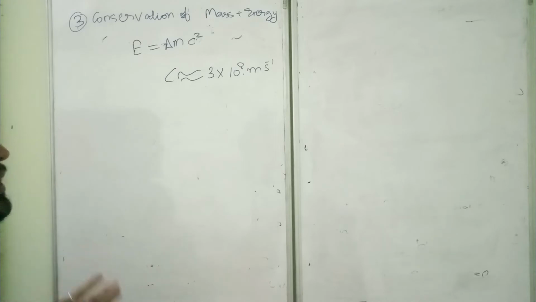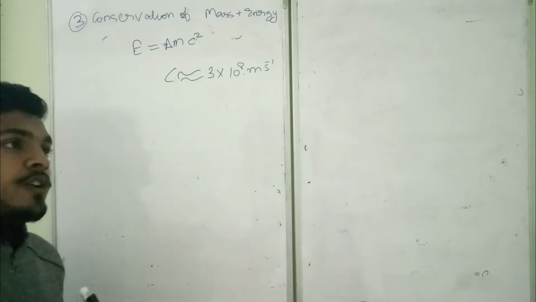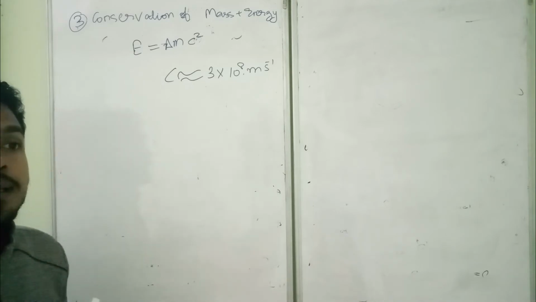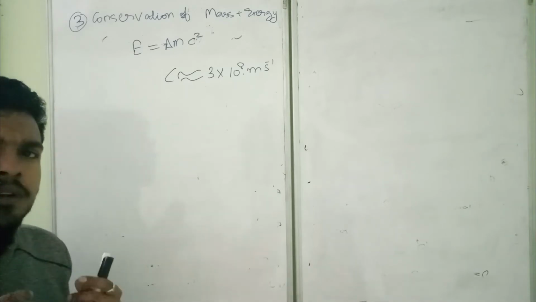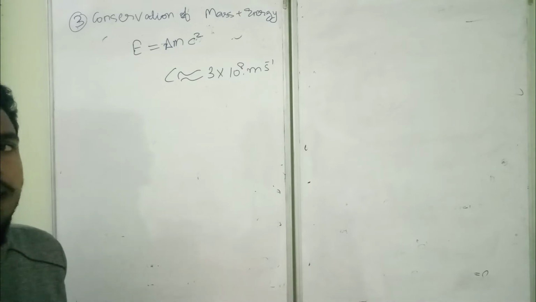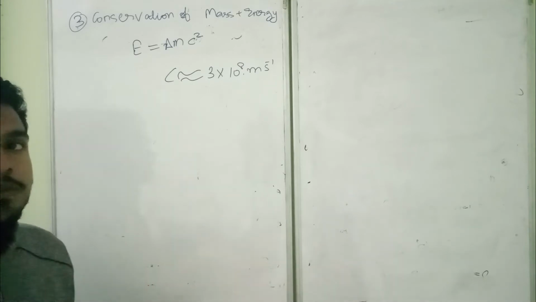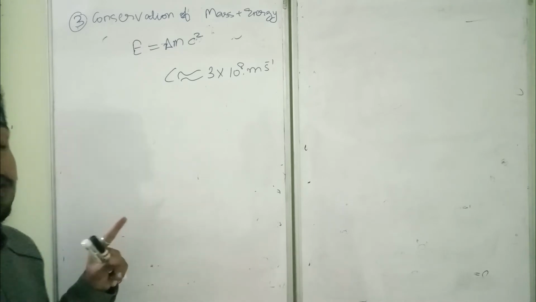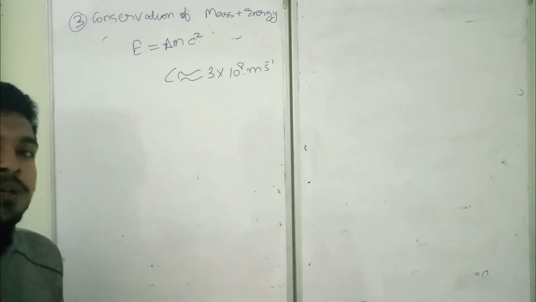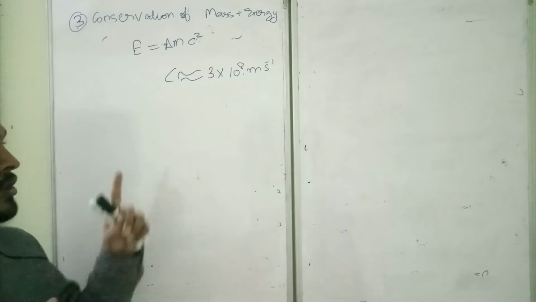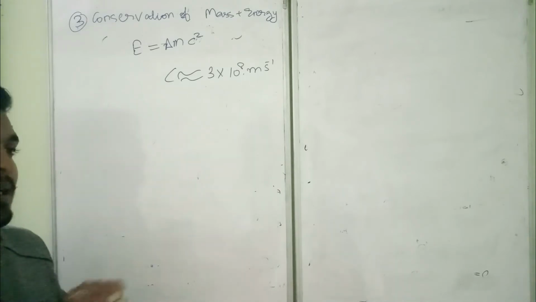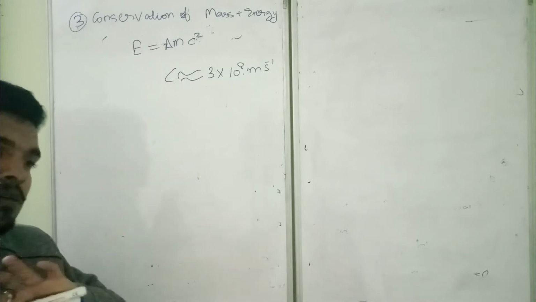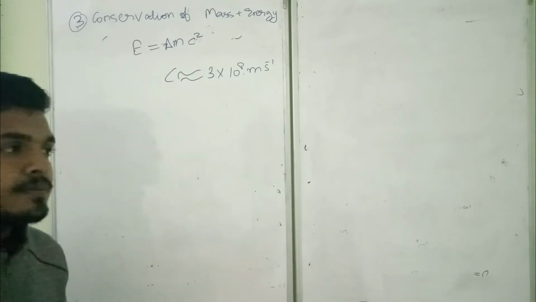The velocity of light is the maximum velocity of anything. It is the maximum velocity that any particle can reach. So nothing can move faster than the velocity of light. So mass is converted into energy noticeably only when the speed is comparable to this 3 into 10 raised to power 8 meters per second. Otherwise, this is so small, almost negligible.